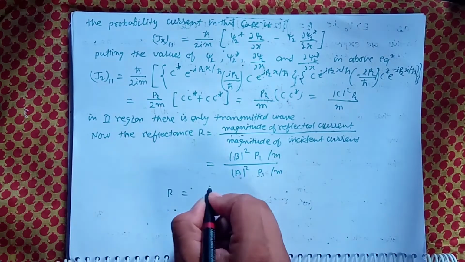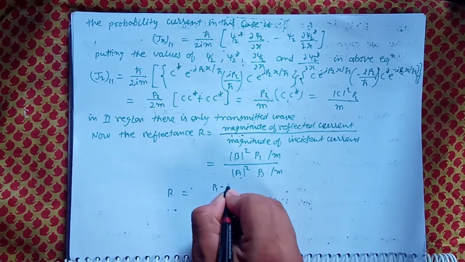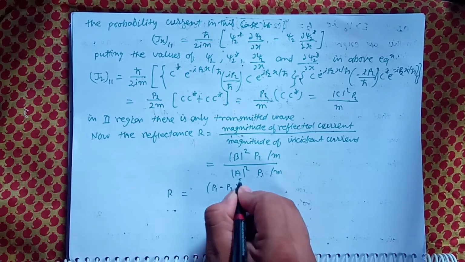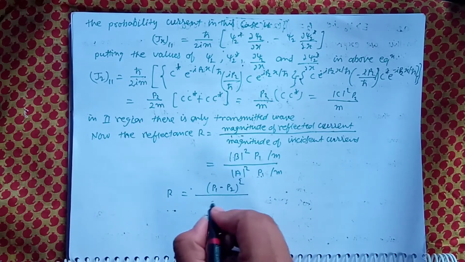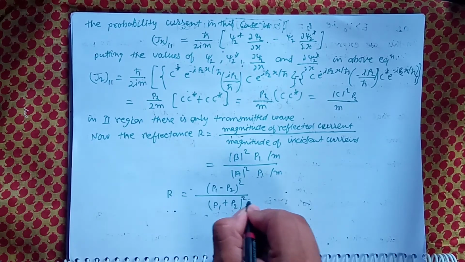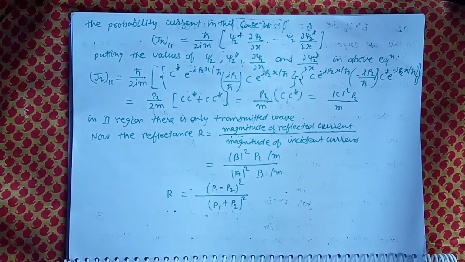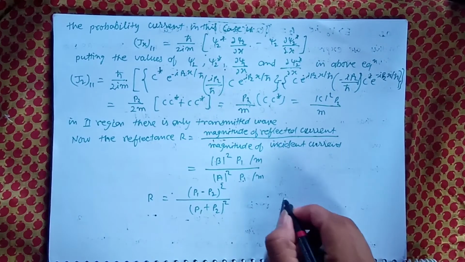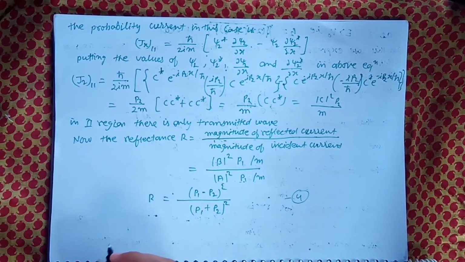That implies R is equal to (p1 minus p2) whole square over (p1 plus p2) whole square. Equation 4.